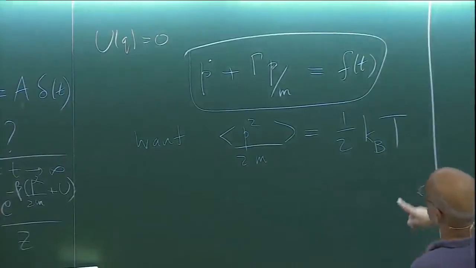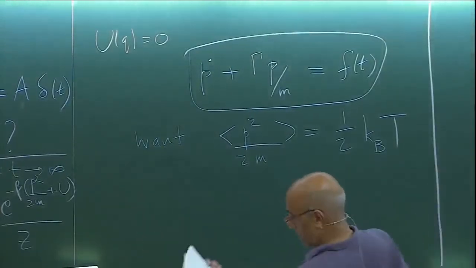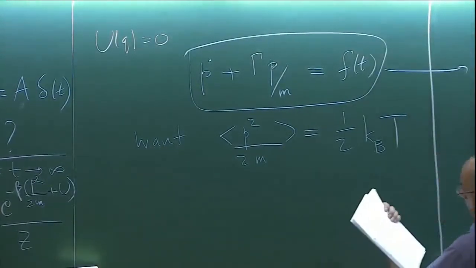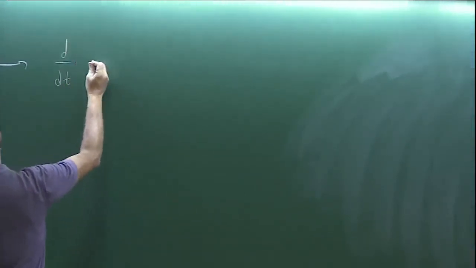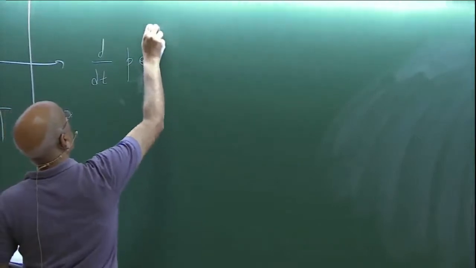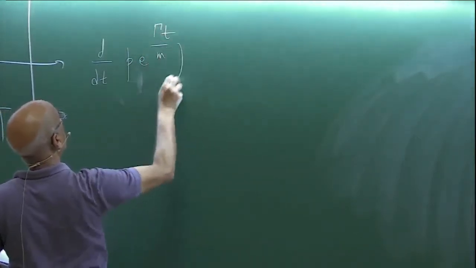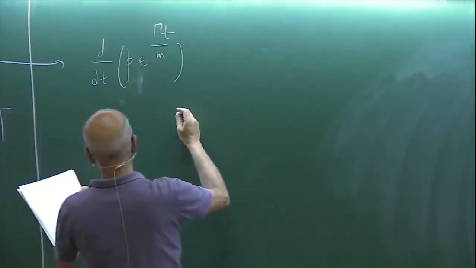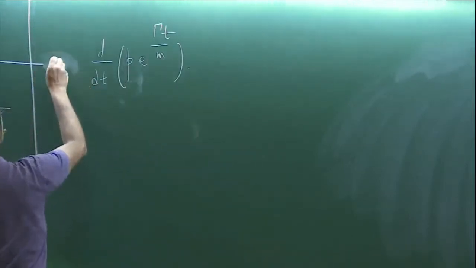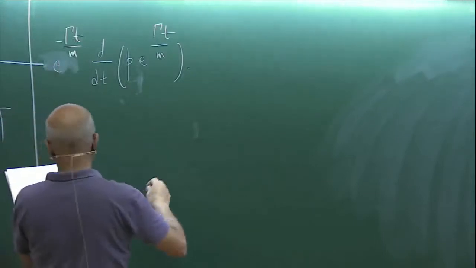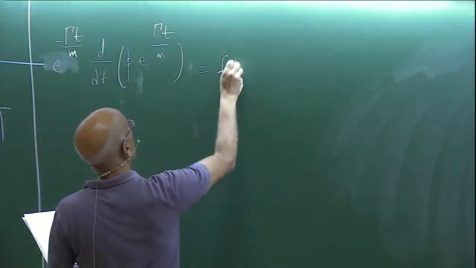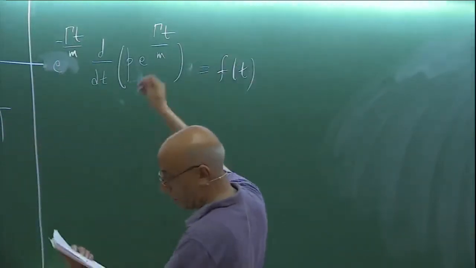So let's take this equation. Let's actually try to derive this in a slightly adult way. Okay? Derive what A must be. Let's rewrite this equation. Right? Everybody agree?